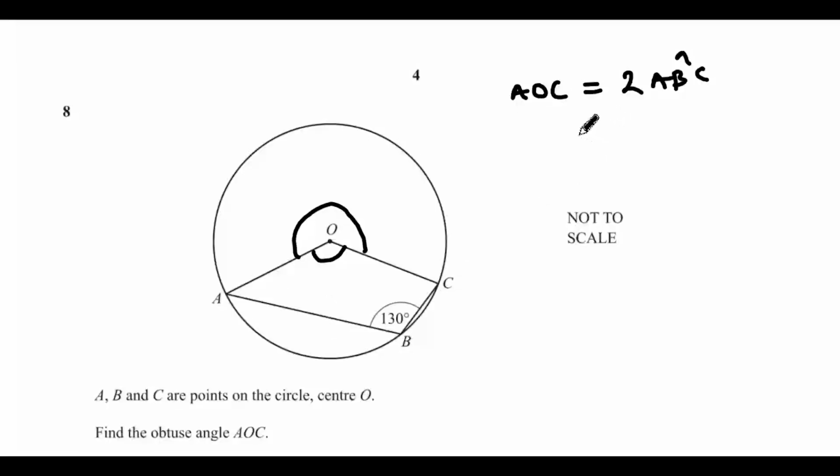So we can find the reflex angle AOC. That will be 2 times 130 degrees. If you expand the bracket, you get 260 degrees. But we need the obtuse angle. So this is the reflex angle.